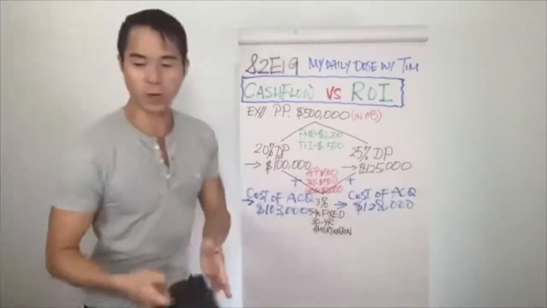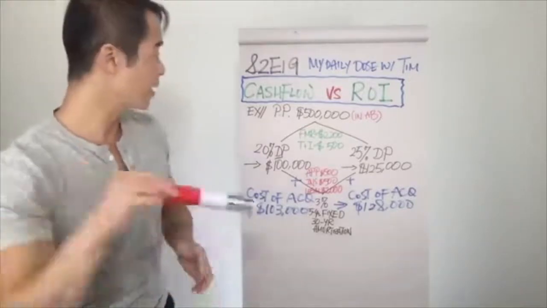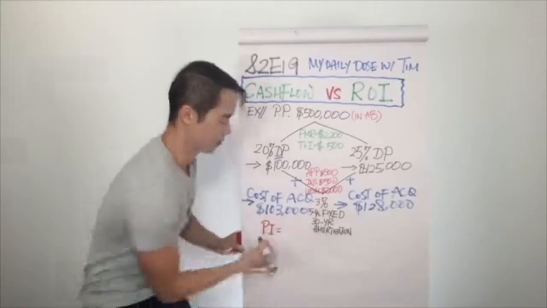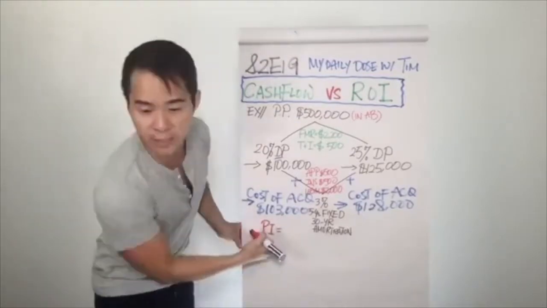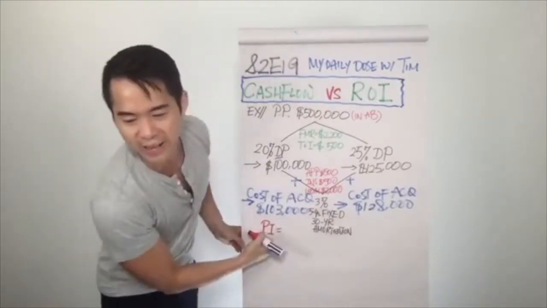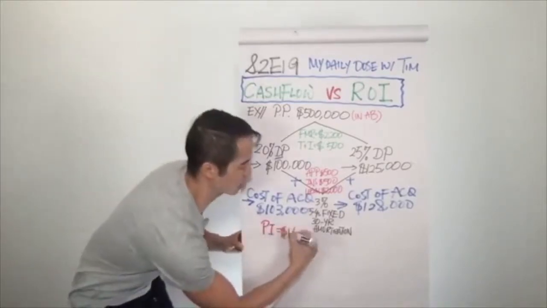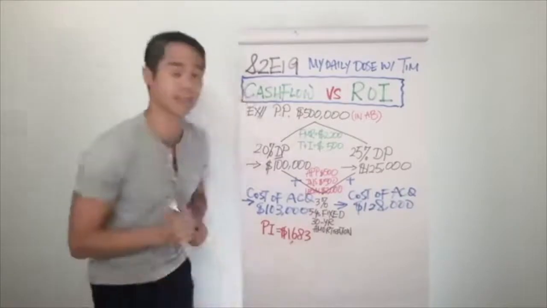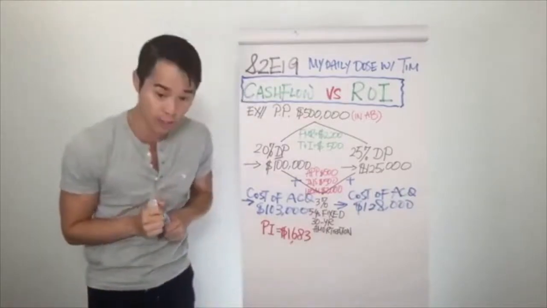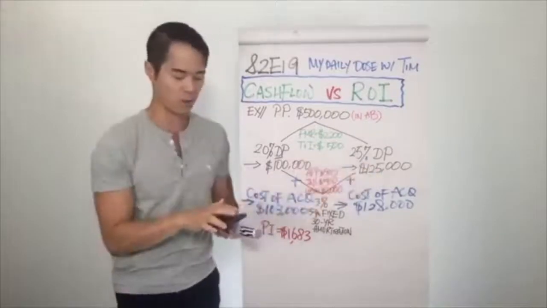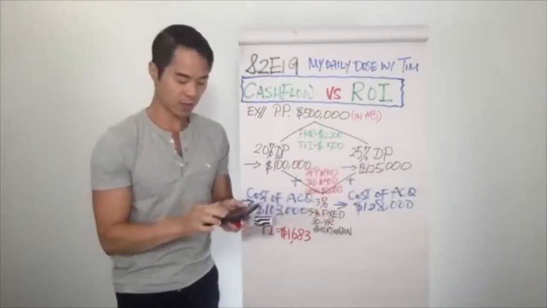And so what that really means is that now we have a PI of principal and interest, which is your mortgage payment, of $1682.41. Remember, I like to round it up a little bit, so let's just do $1683, okay? And on the other side now, let's go back to the purchase calculator.